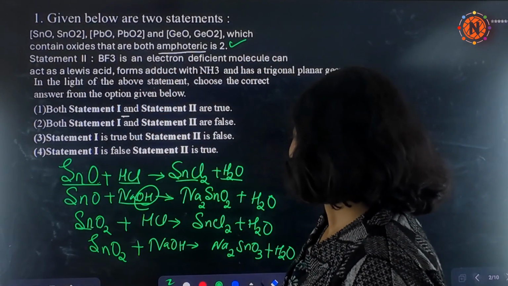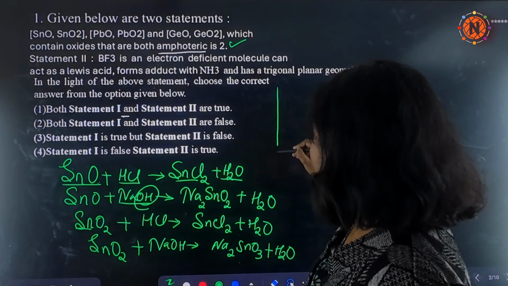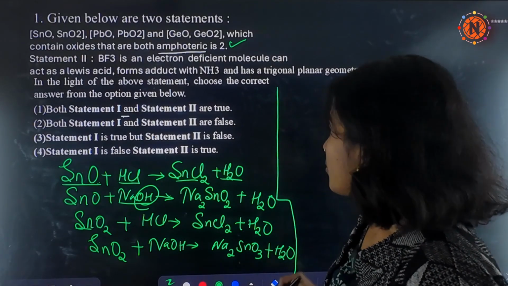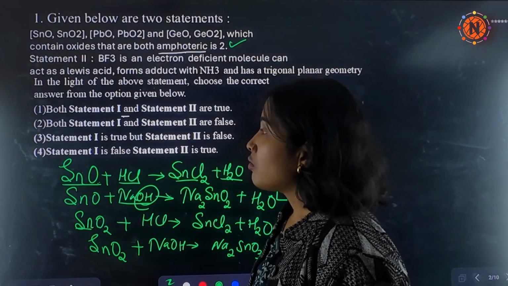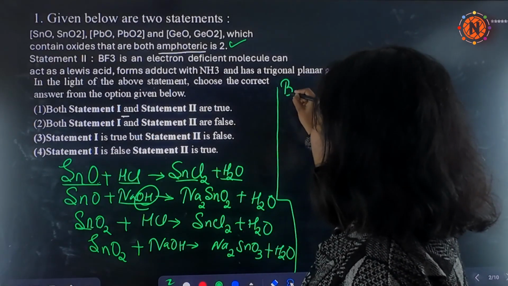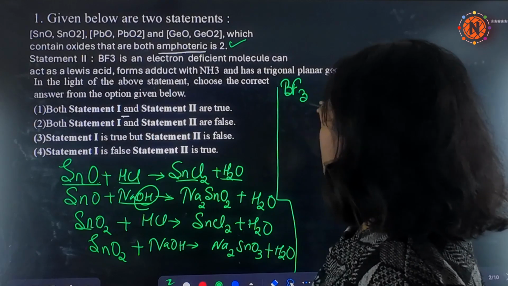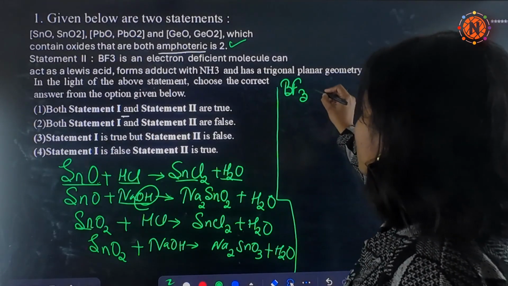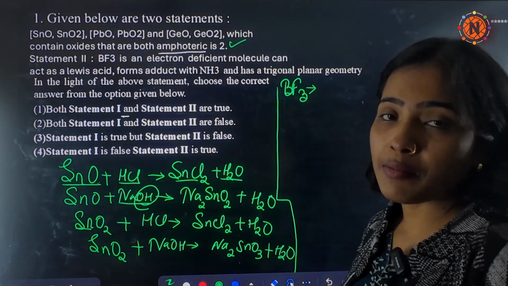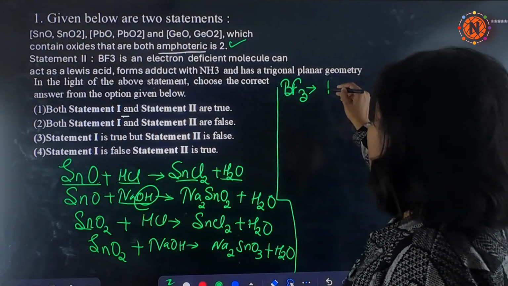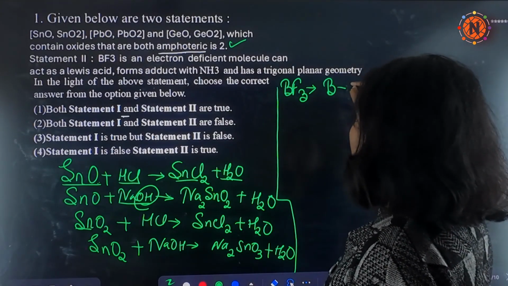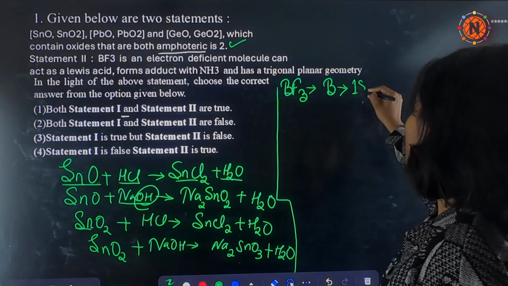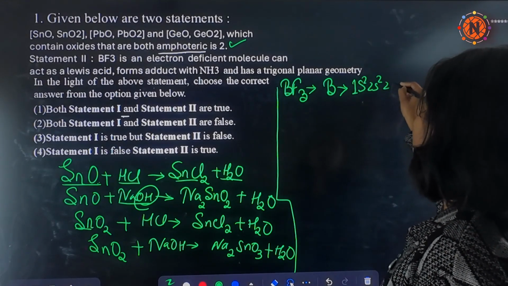Moving to the next statement. The next statement is about the BF3 molecule. To find the molecule's geometry, we have to know its hybridization. You know boron's electronic configuration: 1s2, 2s2, 2p1.